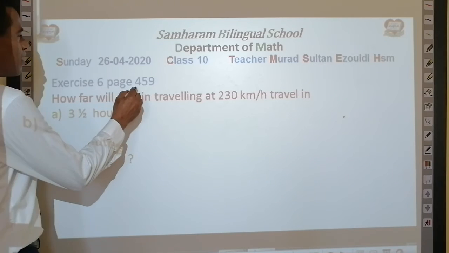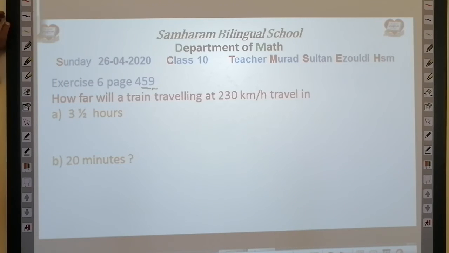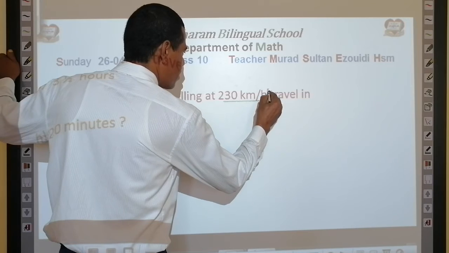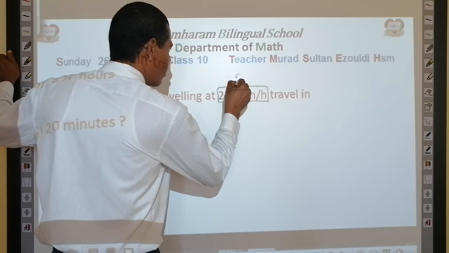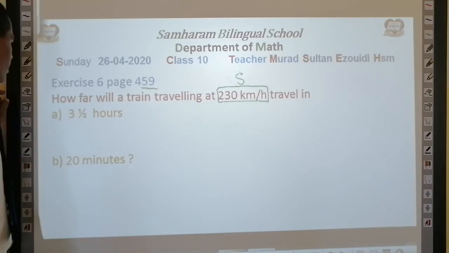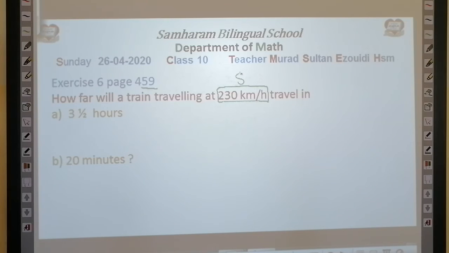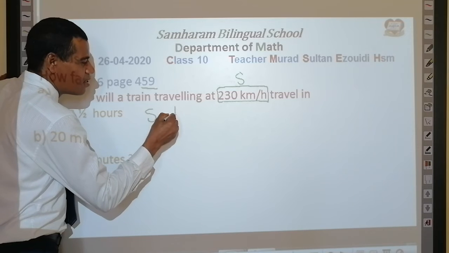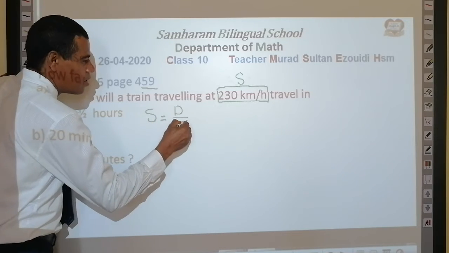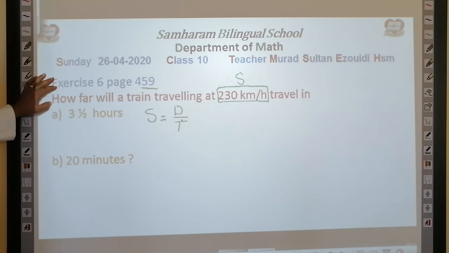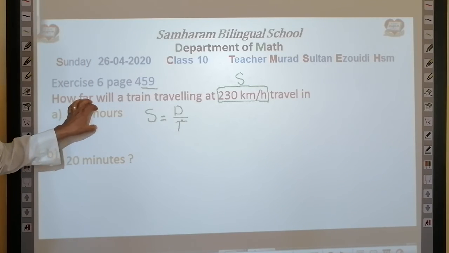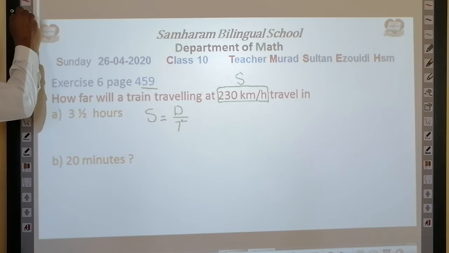Exercise 6, page 459. How far will a train traveling at 230 km per hour, okay, this represents the speed, travel in 3 hours and a half? Okay, so speed is equal to what, my learners? Is distance divided by time. In these exercises, we have the speed and we have the number of hours. So we'll try to find the distance.